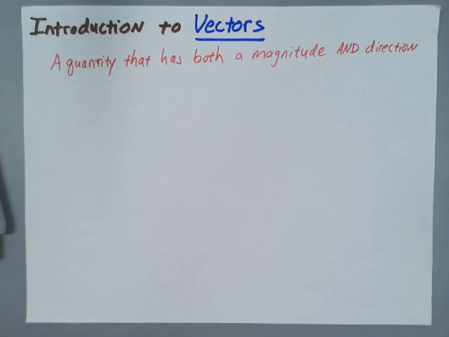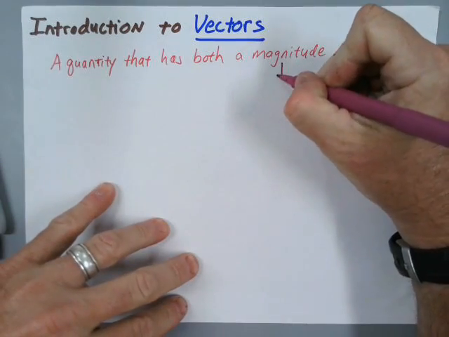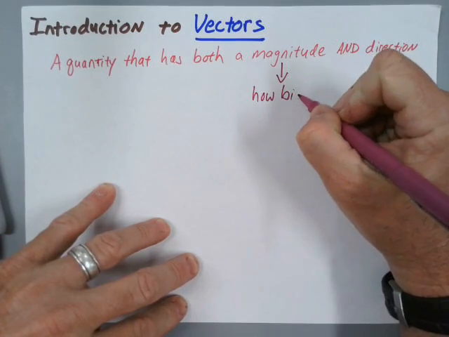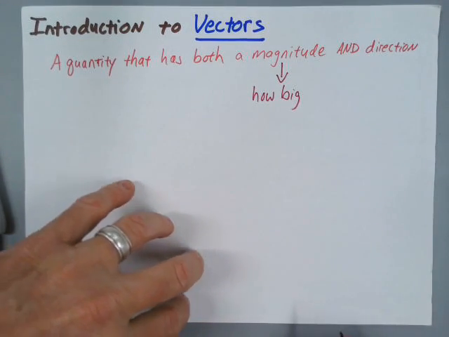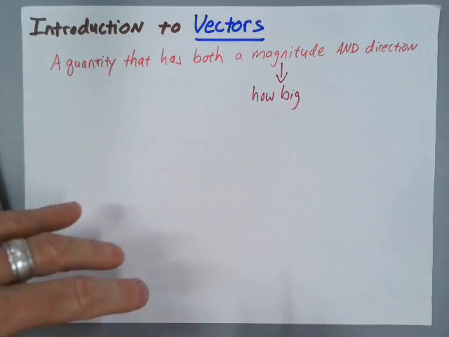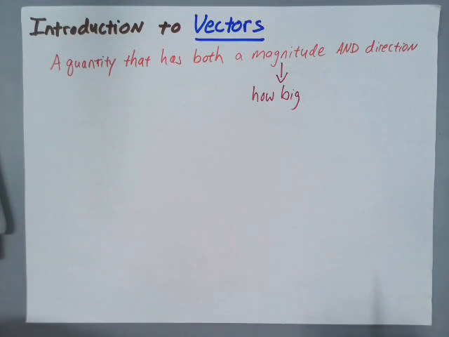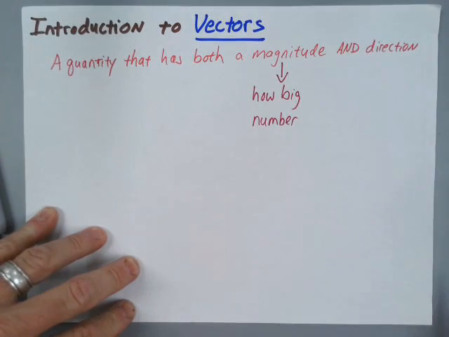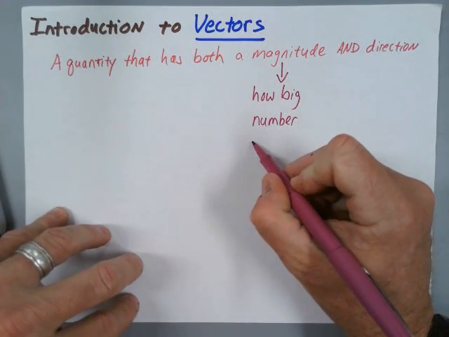This word magnitude is kind of a fancy way for saying how big. That's what magnitude describes for us. It's how big or how small something is. This is going to be the number part of our vector, and it has a certain magnitude.